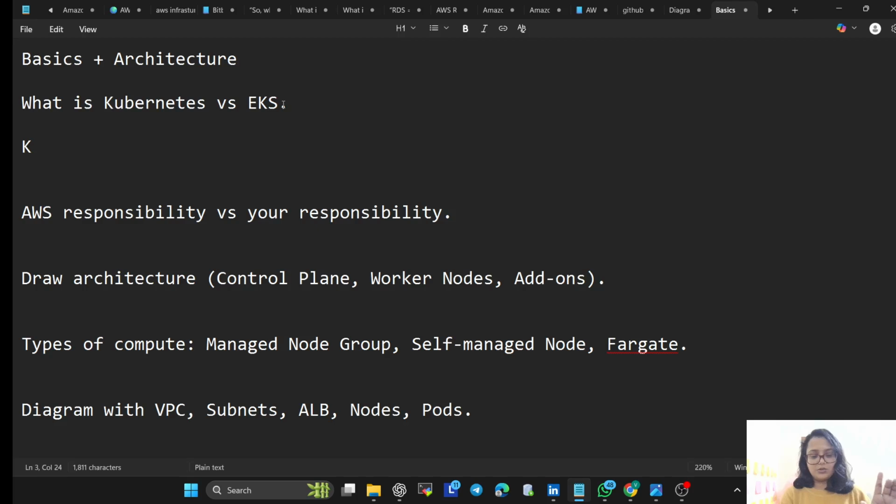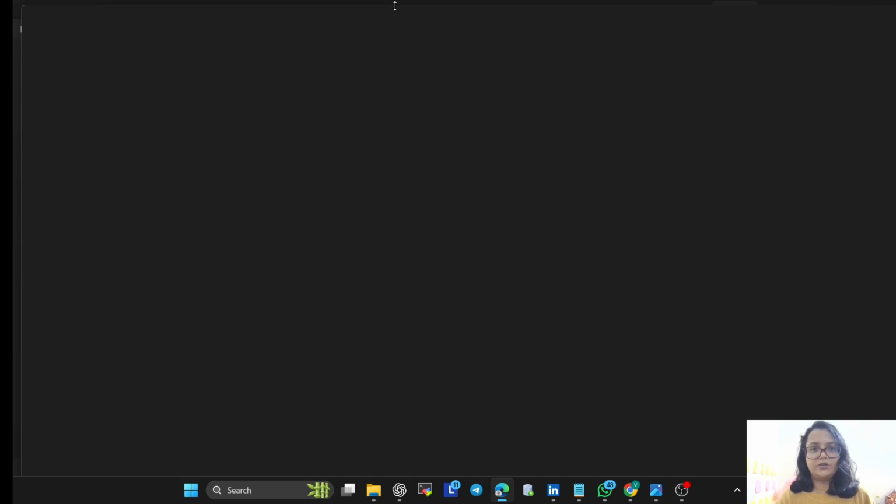If you know the architecture of Kubernetes, you know that there are two parts: one master node and the worker nodes. In the master node there is the API server, which you use to connect between the servers. Let me show the architecture of Kubernetes, then you will get the idea.